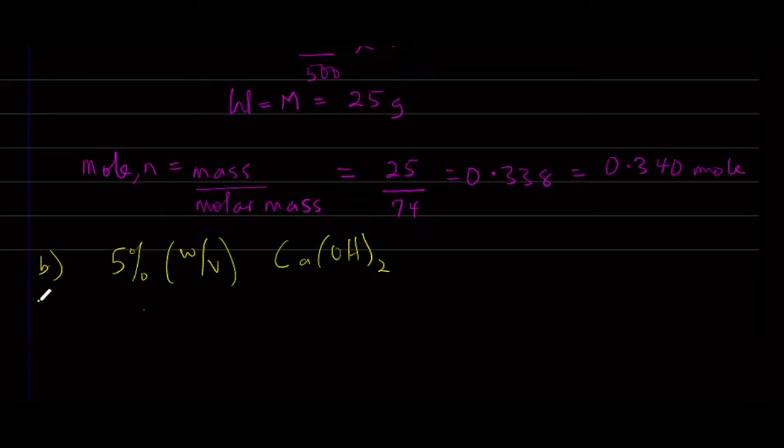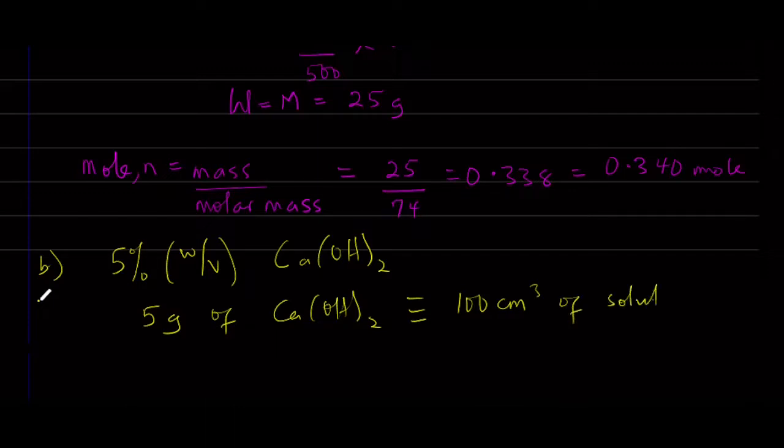That is to say 5 gram of calcium hydroxide is present in 100 centimeter cube of solution, or we can say in 100 centimeter cube of solution, the amount of calcium hydroxide is 5 gram. Now that we have this, that means X gram, the unknown value of calcium hydroxide, is going to be in 500 centimeter cube of the solution, which we are given from the question.